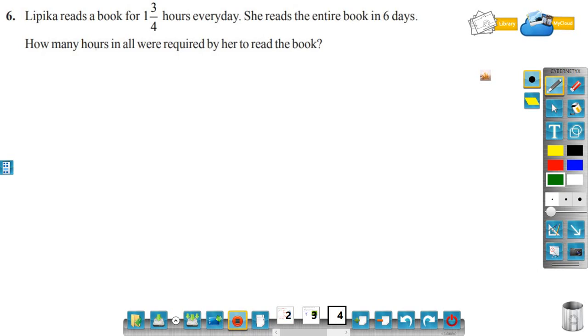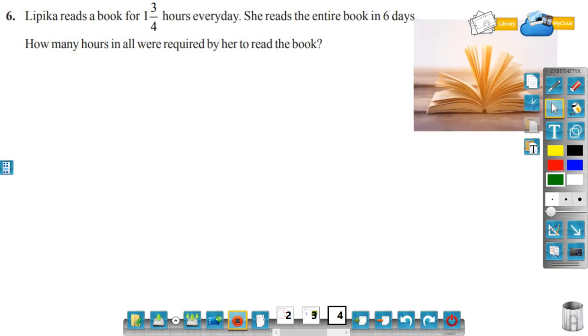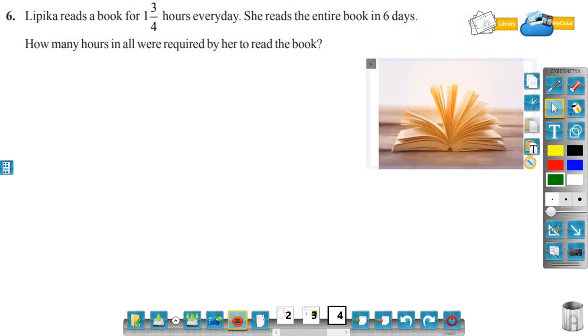How many hours in all were required by her to read the book? She read the entire book for 6 days. Now, how many hours in all were required by her to read the book?